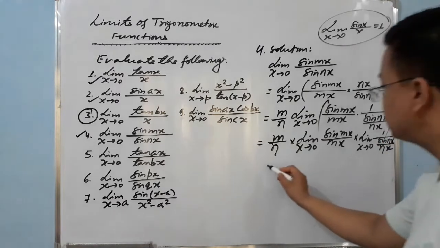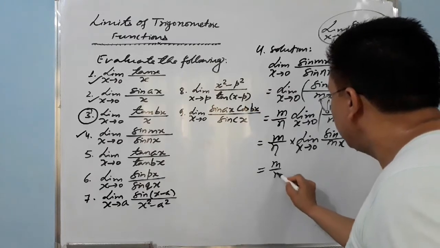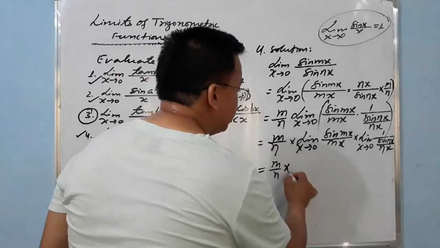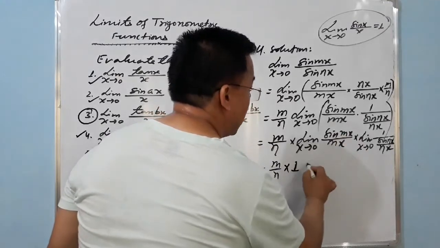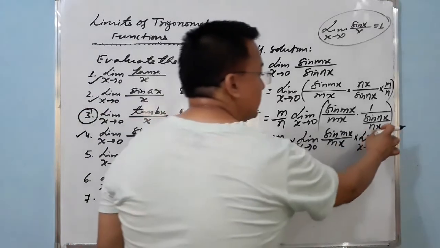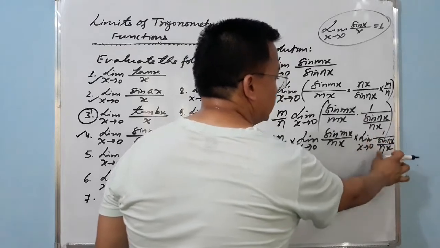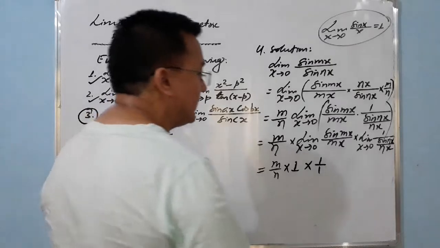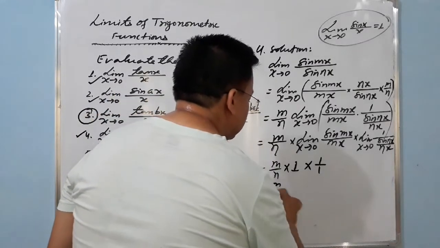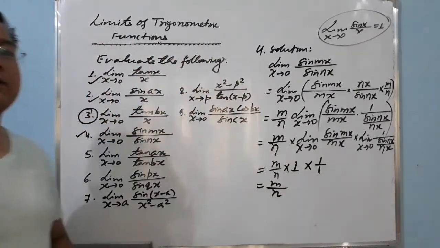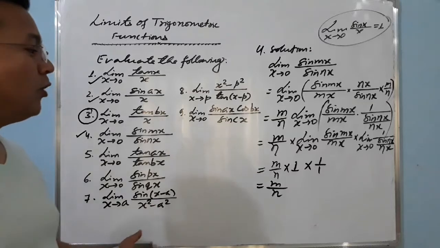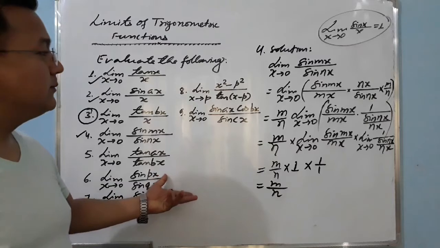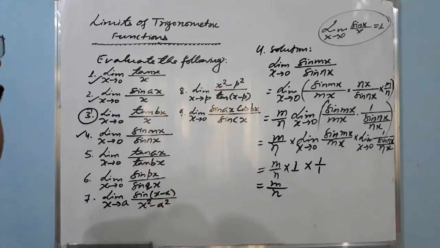That is m over n into the limit of this one, which is 1 by the theorem, and the limit of this one is also 1, so 1 over 1. Simply 1, so it is equal to m upon n. M upon n is the limit of the function. This is so simple, we can crack it very easily.